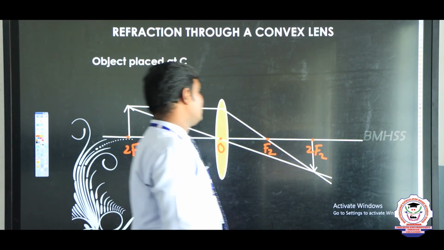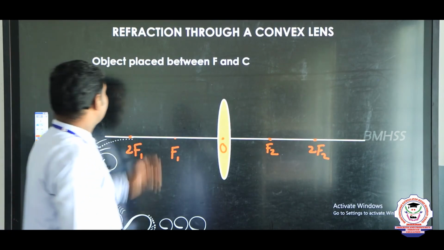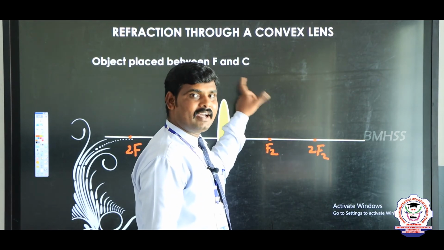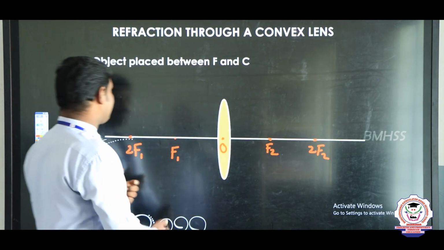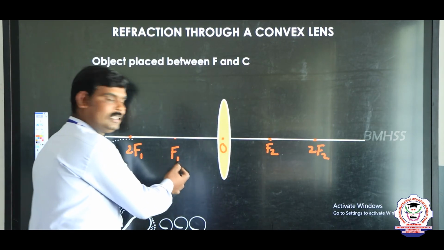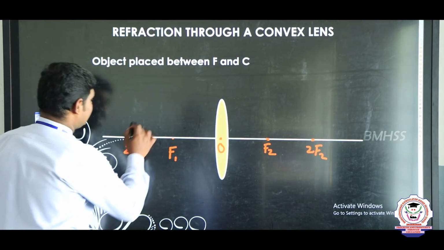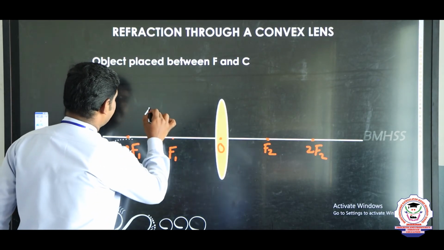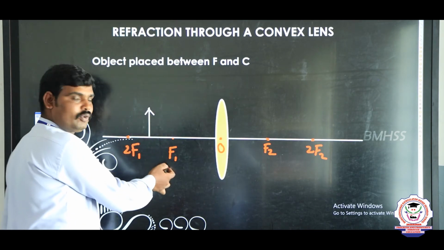Okay. Next, the fourth case: if the object is placed between F and C. That is, when the object is placed between 2F1 and F1. See my dears, this is an object I place between 2F1 and F1.